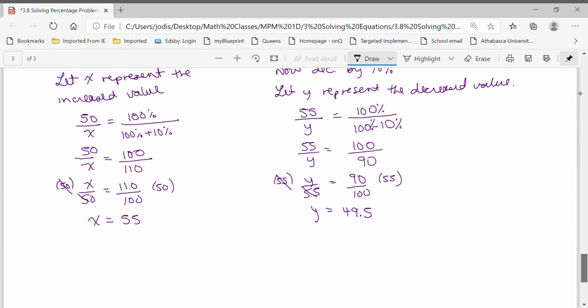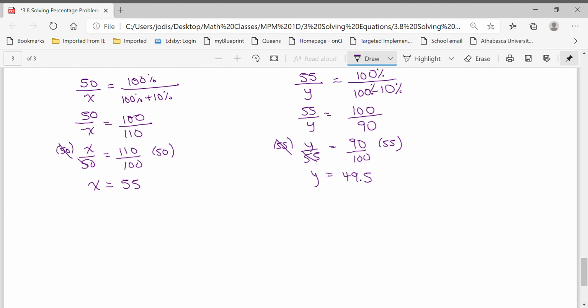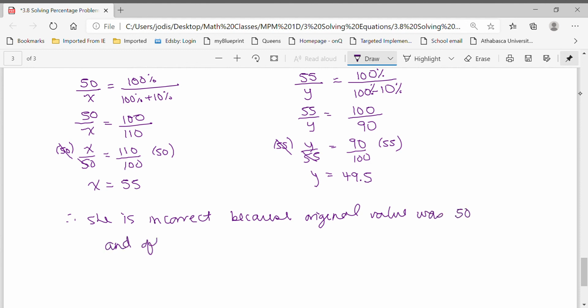So once we did that, we could say therefore she is incorrect because the original value was 50 and after increasing by 10%, then decreasing by 10%, we get 49.5. And we all know that 49.5 does not equal 50.